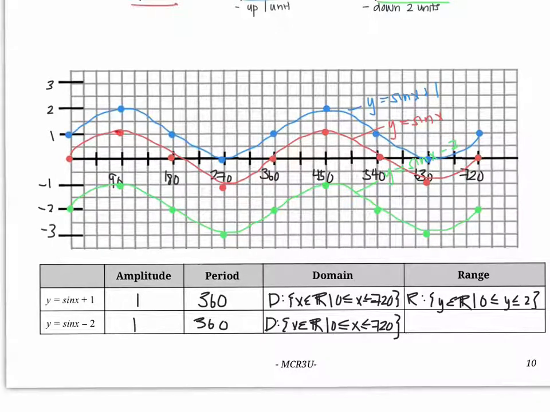So now instead of y bouncing between 1 and -1, it's going to bounce between -1 and -3. So y has to be between these 2 values. So we can write that y is an element of all real numbers such that y has to stay between -3 and -1. So just as a reminder, when we have a vertical shift like what we've done, the only thing that's going to change is the range.